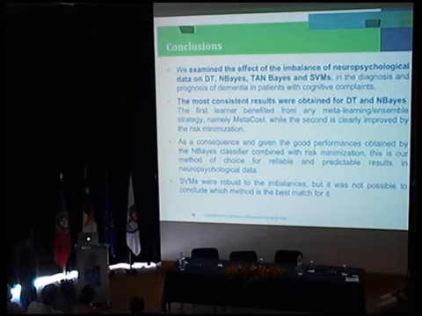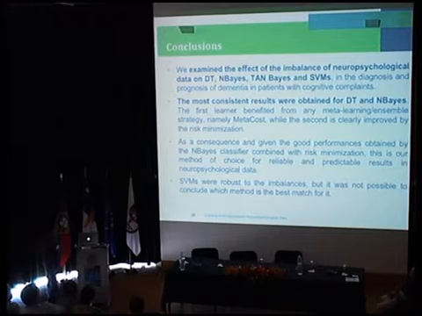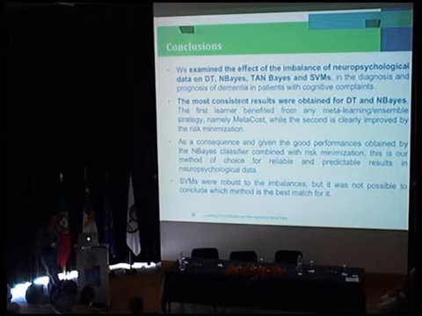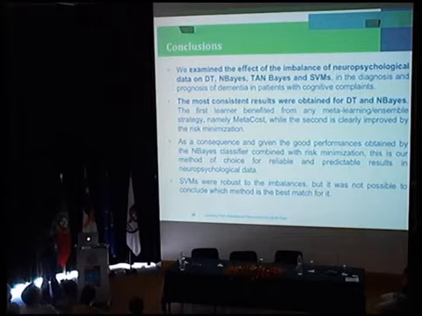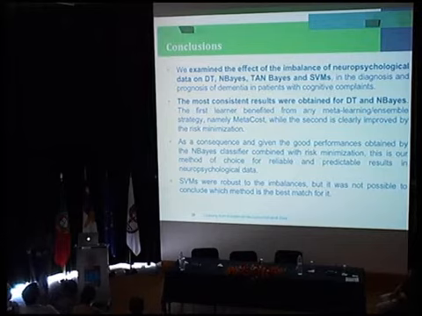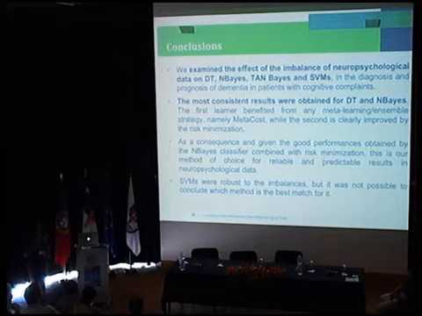The most consistent results, as I told you, were obtained for decision trees and naive-Bayes. Given the good performance of the naive-Bayes classifier combined with risk minimization, we adopted these methods, and the method is now being tested at the hospital with new data sets.